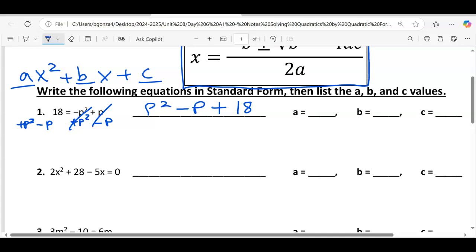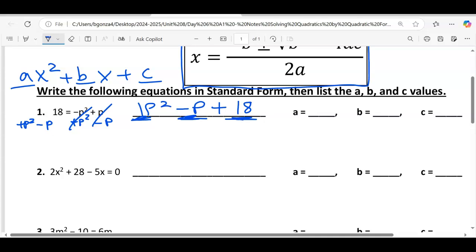And here's the question. What is A, B, and C? What are the coefficients? So what number is in front here, and here, and here? So on that first one, when it's just p squared, when there's no number in front, what number does that mean is in front? 1. No number, put a 1 in front. Okay, so this is 1.